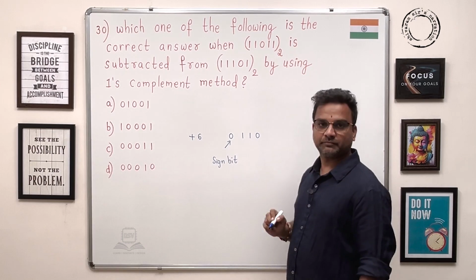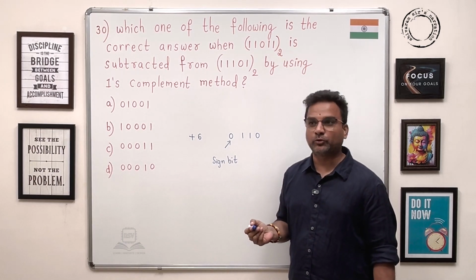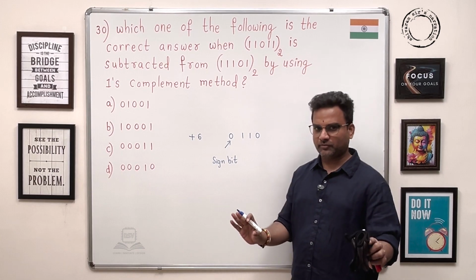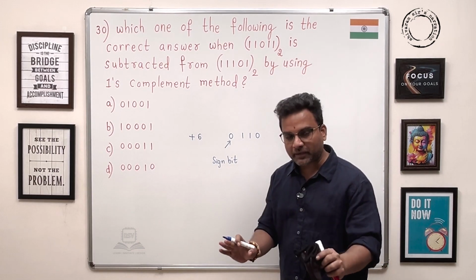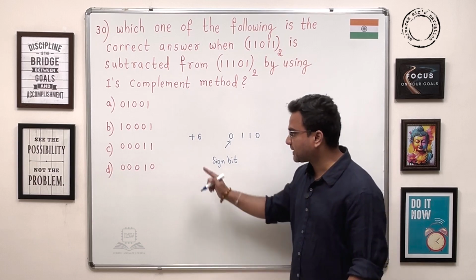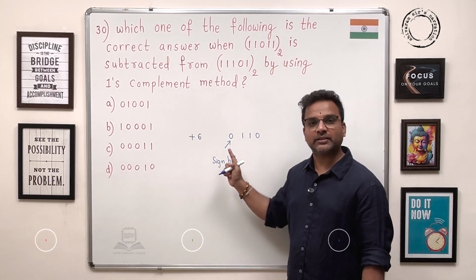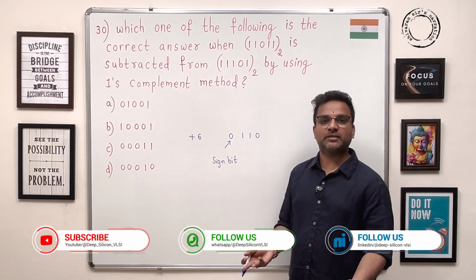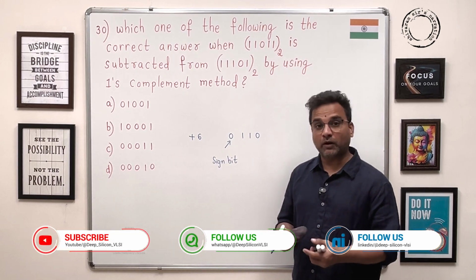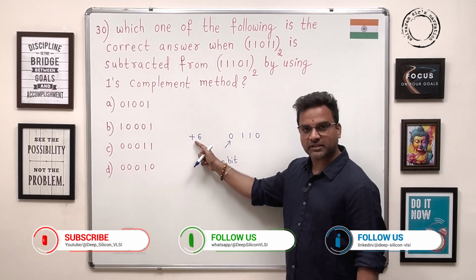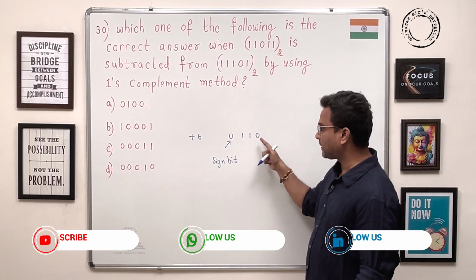That's it. Sir, it is 1's complement? No, you need to apply 1's complement? No. In 1's complement representation also, for positive numbers, you need to represent the magnitude including the sign bit. We know the sign bit is 0 for positive numbers, 1 for negative numbers. It is plus 6 only, and it is 0110.